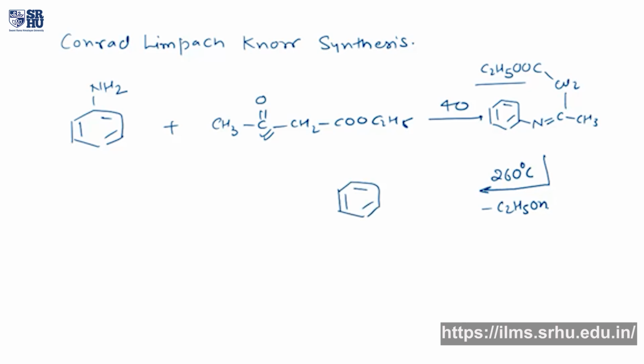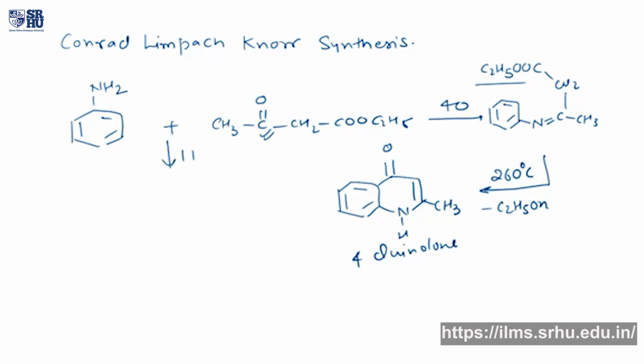Ester will be hydrolyzed, the ethyl alcohol part will get removed and we get a quinolone derivative. This is 4-quinolone. We can also get 2-quinolone by just changing the conditions of the reaction.